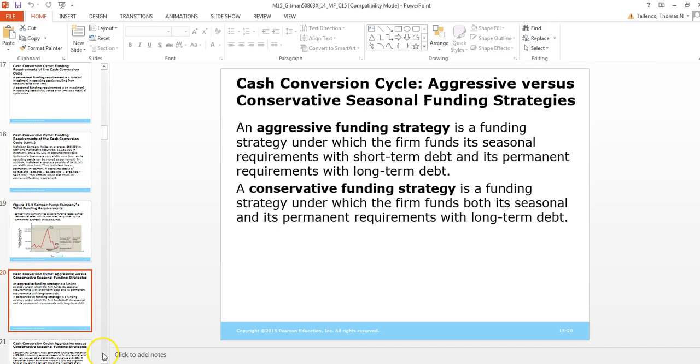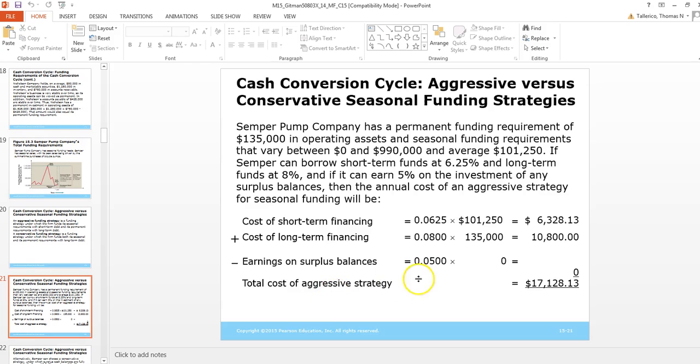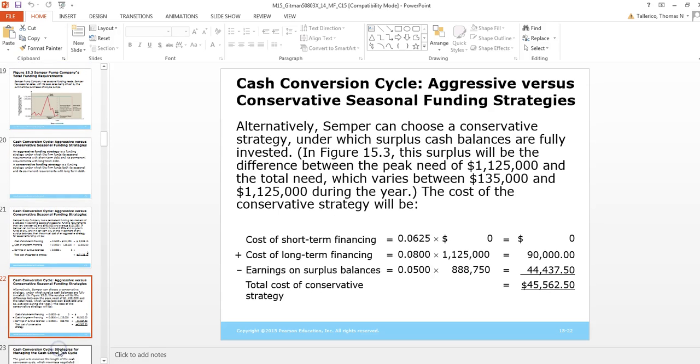Here's another cash conversion cycle equation that is a function of different funding strategies, whether you should take an aggressive versus a conservative funding strategy. The question is, which one is better for you? They give you two scenarios: if I do it in a conservative fashion, or in an aggressive fashion.